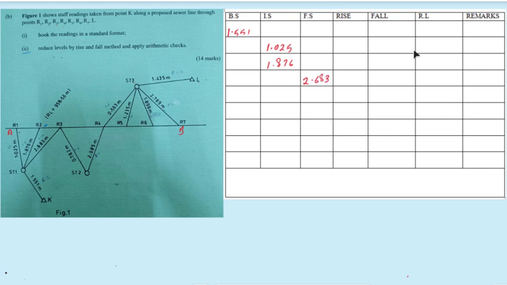With this, we have station 2 where the instrument has been set, and it is at reduced repo number 3. So we still have a back site, because the instrument has been set at station 2. The first reading is always a back site of 0.782, and it is at reduced repo 3.